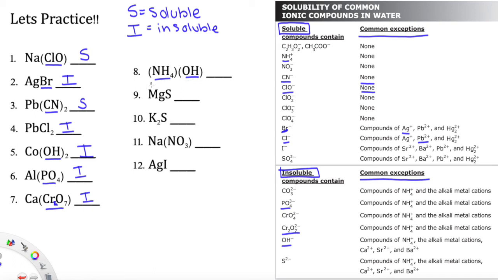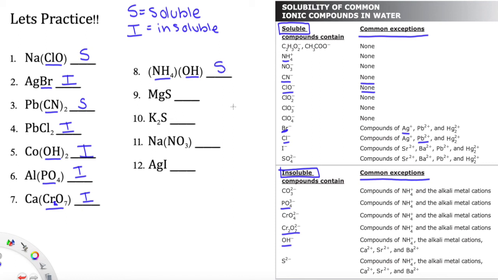So ammonium right here has a solubility rule, and it says that we start off assuming that this is soluble and there are no exceptions, so this compound will be soluble in water. And let's just double check that with the rule for hydroxide, which is all the way down here. And it's on the bottom of the chart, so we start off assuming this is going to be an insoluble compound because most things that contain hydroxide groups or hydroxide ions are insoluble. But ammonium is one of the exceptions, and so that also tells us that this compound is soluble.